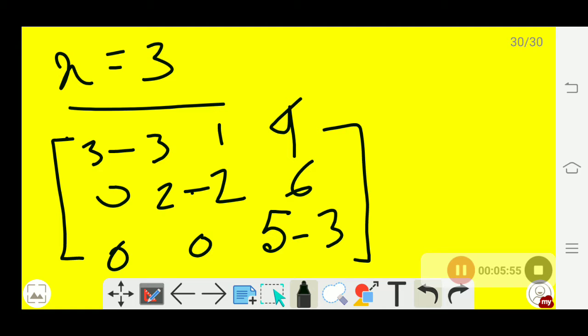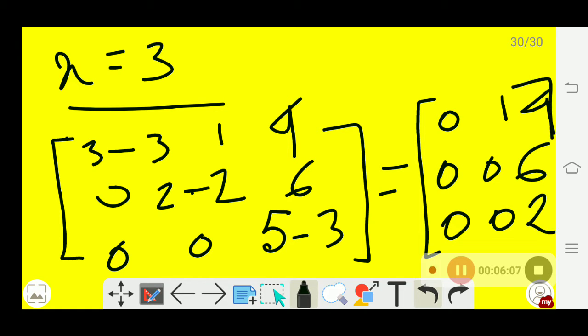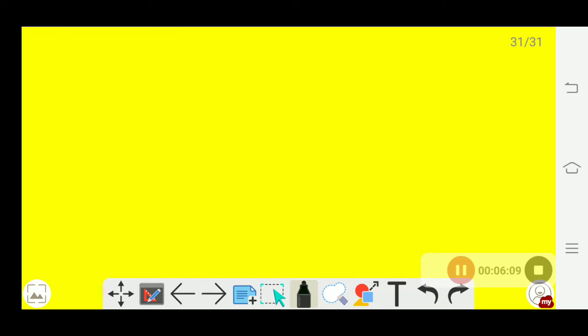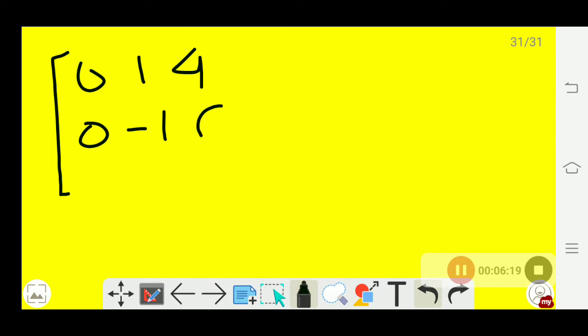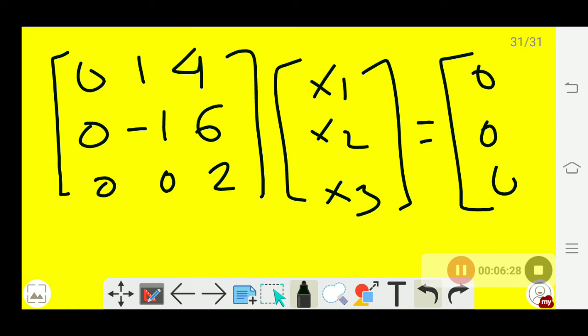So the value is 0, 1, 4, 0, minus 1, 6, 0, 0, 2, times x1, x2, x3 equals 0, 0, 0.